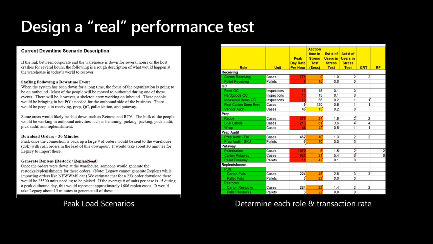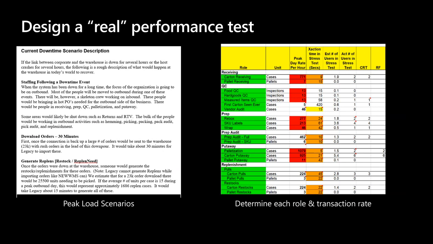And then next, for each of those different scenarios, that's where those transaction volume estimates become important, right? For that scenario, you need to determine each of those different user roles needed to fulfill it, and then the transaction rate at which it must be completed. So in this scenario, a system goes down and it's a receiving process that they're scripting for here.